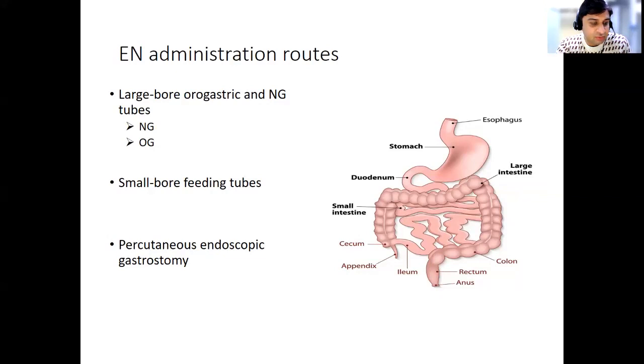So you have to replace them again and again. In all those patients who you expect will not be able to take orally for a very long period of time, a better way to give the feed is through a PEG tube, which is percutaneous endoscopic gastrostomy tube.